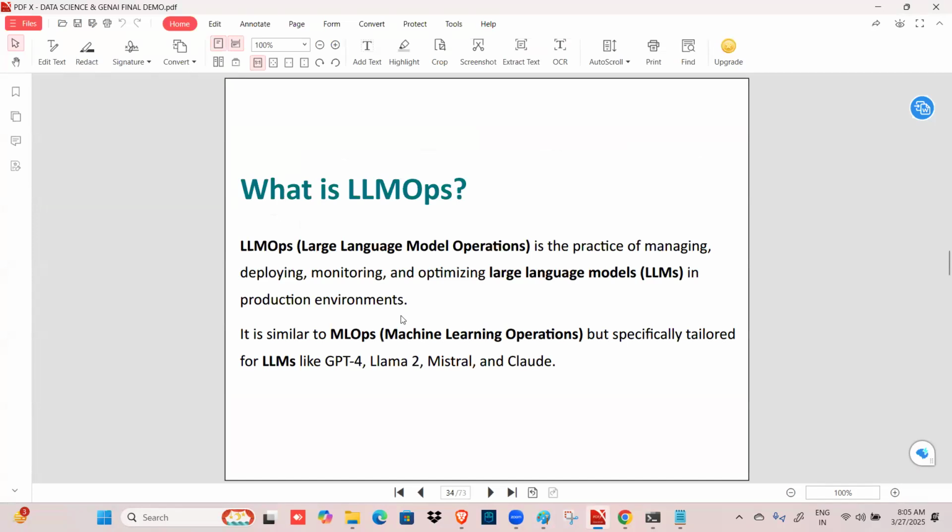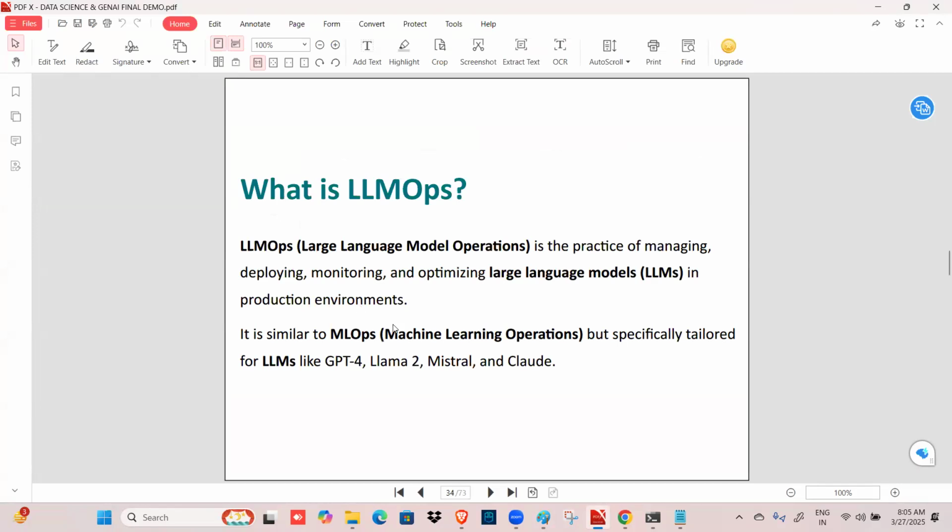The next one is LLMOps. Whatever applications we develop using large language models, we put those models into production, and that is called LLMOps. It is the practice of managing, deploying, monitoring, and optimizing large language models in a production environment.